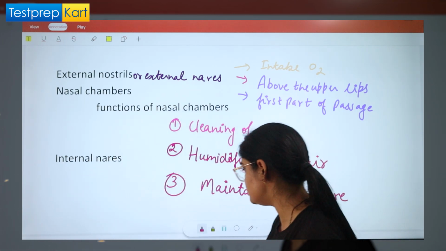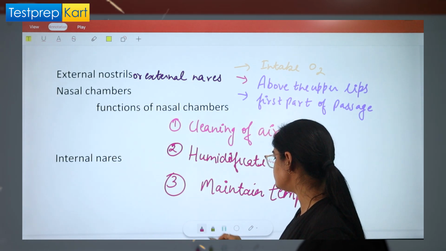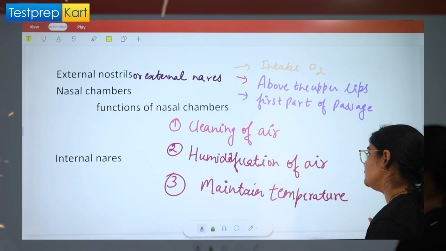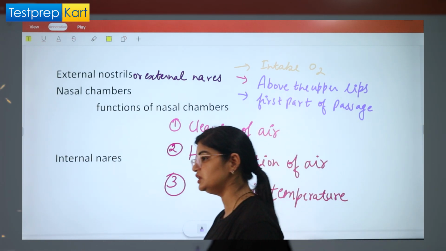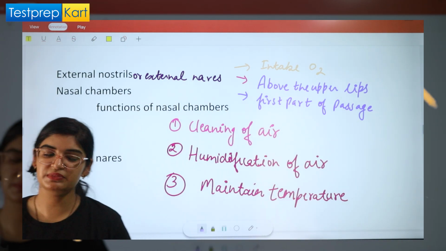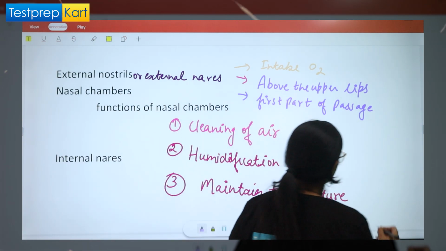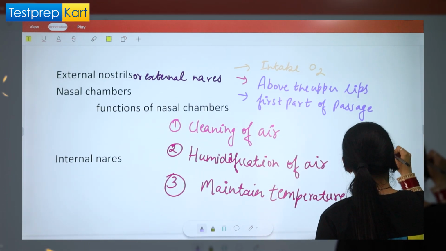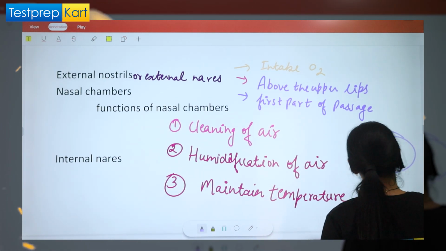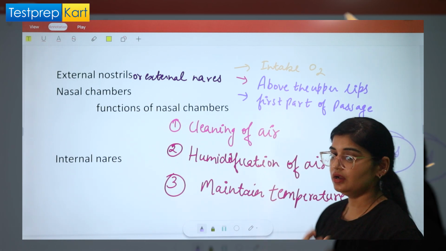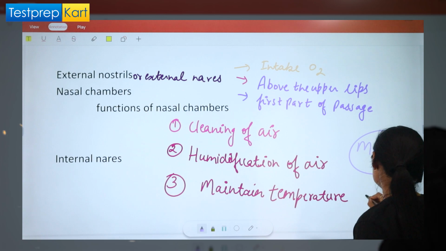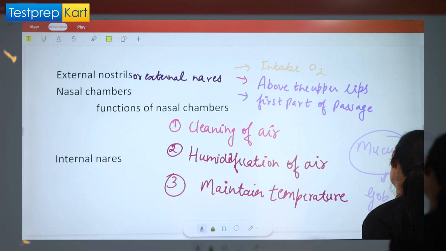Humidification of air is done with the help of the second epithelium which we talked about, the cuboidal epithelium. Cuboidal epithelium secretes mucus. Mucus is a liquid which helps in making the air moist or humidified, and this mucus is released by the goblet cells.